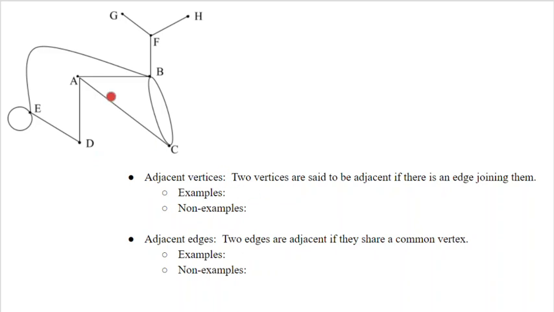So, for example, A and B would be adjacent vertices because there is an edge from A to B. D and E would be adjacent vertices because there is an edge connecting D and E. C and D are not adjacent vertices because there is not an edge from C to D. Similarly, A and G are not adjacent vertices because there is no edge directly connecting A to G.